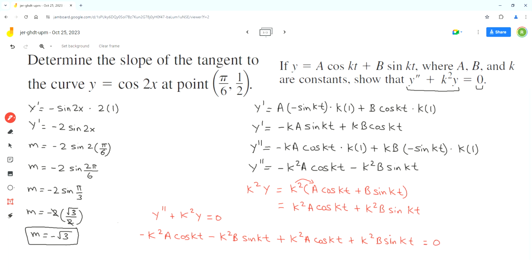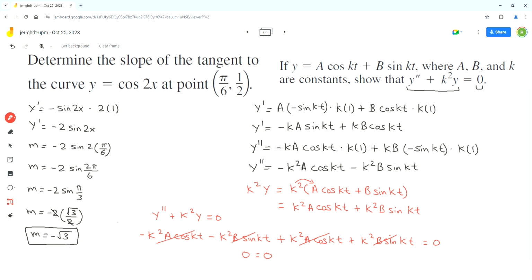now on the left side, k square a cos kt and negative k square a cos kt cancel each other out. And then negative k square b sine kt and positive k square b sine kt cancel each other out because they're like terms. So we are left with 0 equals 0.